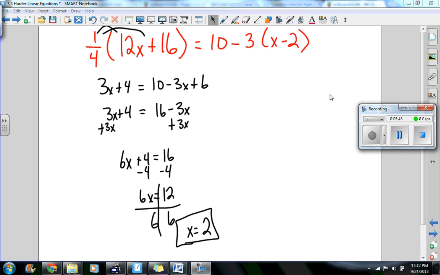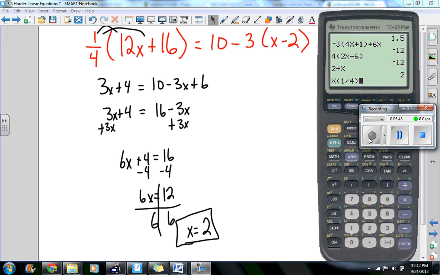So I'm going to pause it to check my answer quick. And it did end up working.